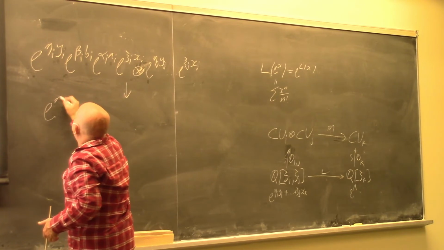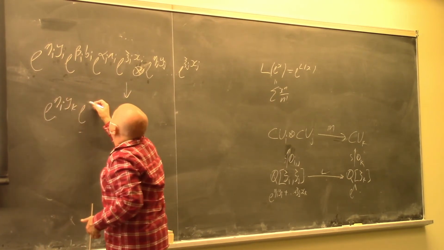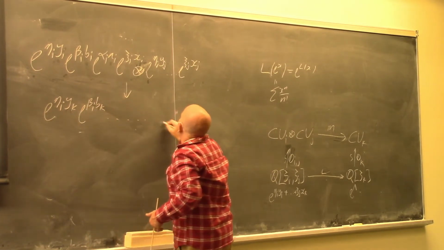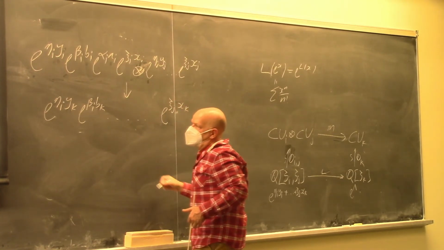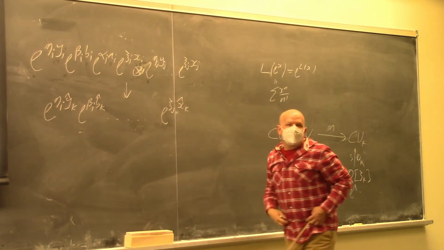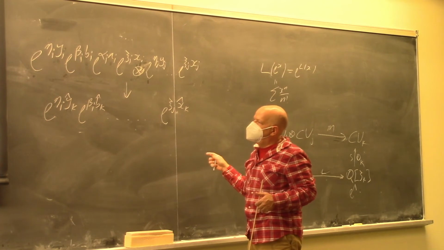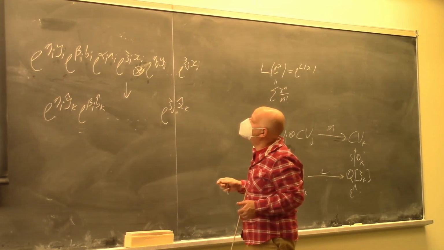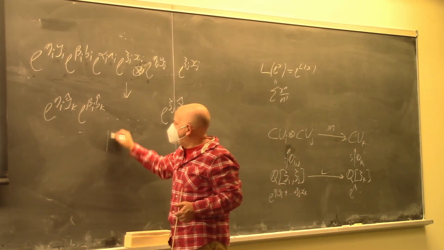The result is e to the eta I y k, e to the beta I bk, up to e to the psi j xk. All of these now became non-commutative, and they are in the tensor factor number k.